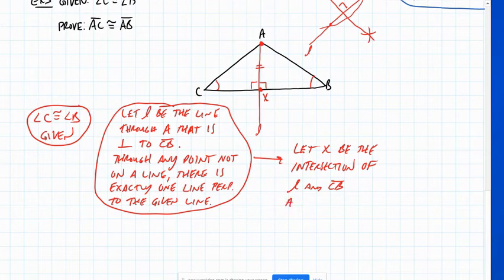And we can say two perpendicular lines intersect at one point.